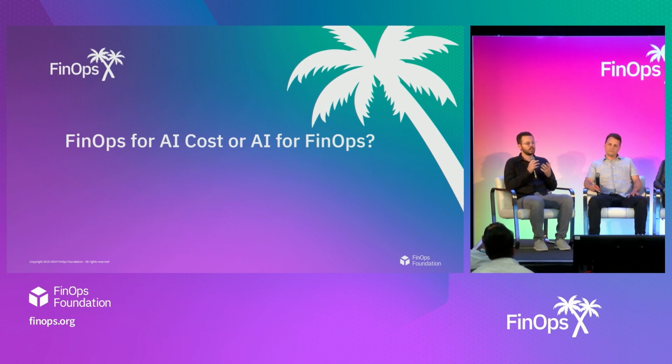So those are the main differences. You can have AI for FinOps, and while you're doing that, you need to also optimize, and that's FinOps for AI as well. So there's a lot of interplay. It can get really complicated, and we can dive into the weeds later, but that's basically it.